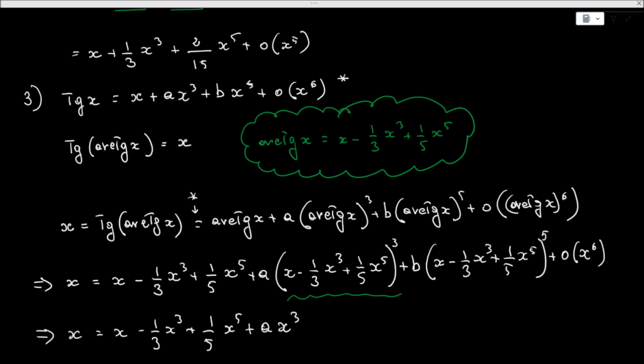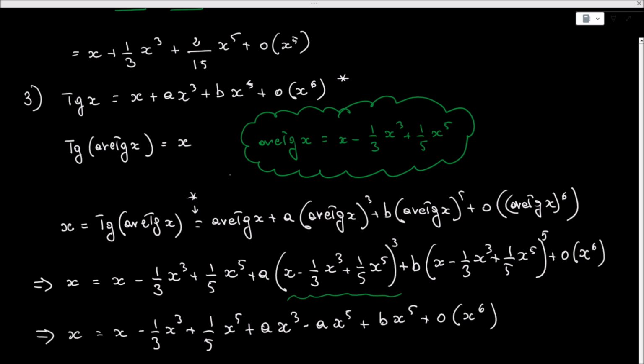And of course when we take the cube of 1/3 x to the third, we get a power 9 of x, which will be beyond our interest. So the only thing that will survive at this point is going to be the double product of x and minus 1/3 x to the cube, which is basically minus a x to the fifth. And for the last term, of course, the only thing that will survive is just b x to the fifth, and we can write now little o of x to the sixth.